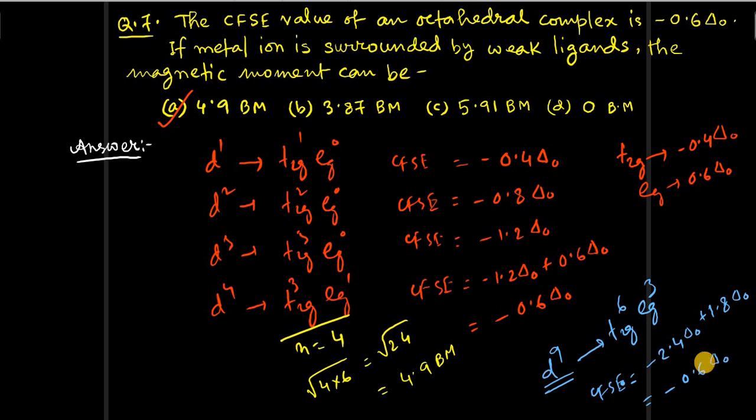So the CFSE value for d9 system will also match. But in d9 system t2g6 eg3, if you calculate the number of unpaired electrons, in t2g6 there is no unpaired, in eg3 there is only one unpaired.